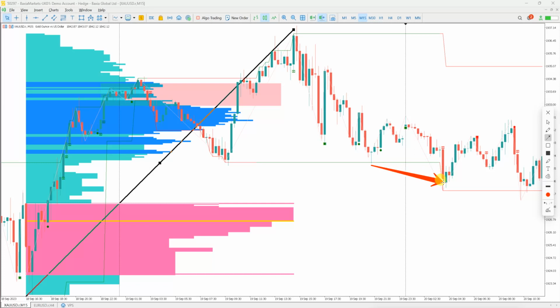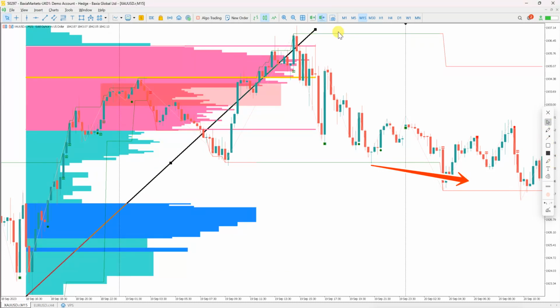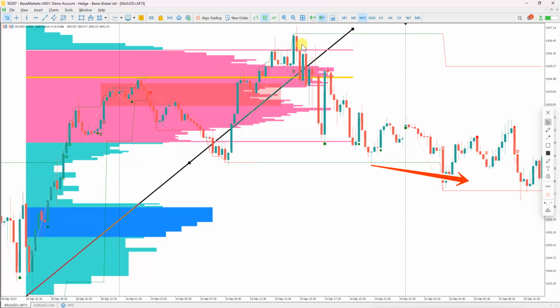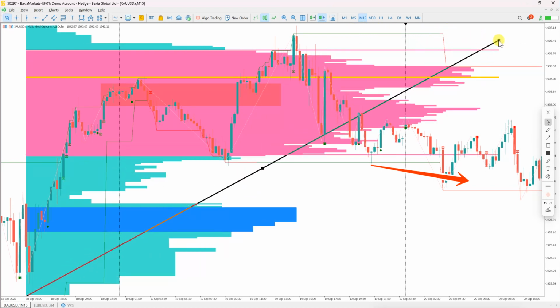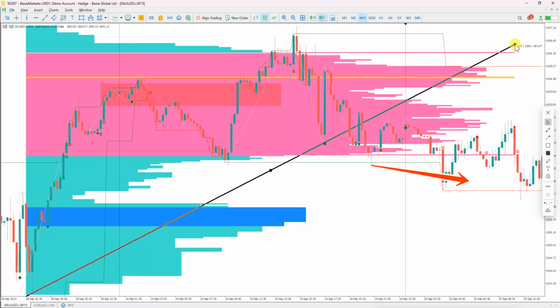And the market reacted. It took again the low volume area, and if we move this a little bit closer, there you go, this becomes the new value area. Okay, and they found resistance below the POC, below the point of control.